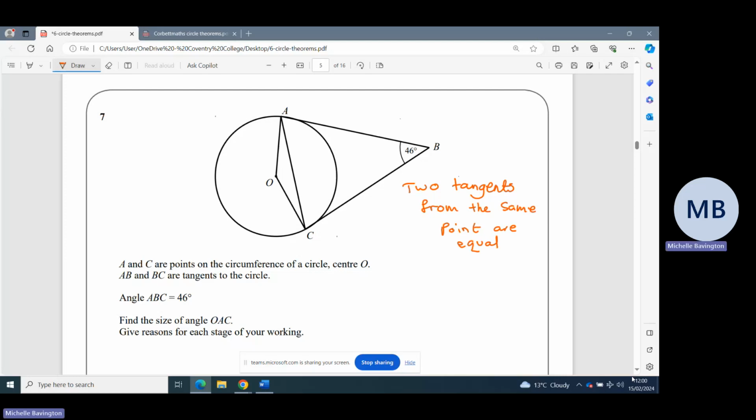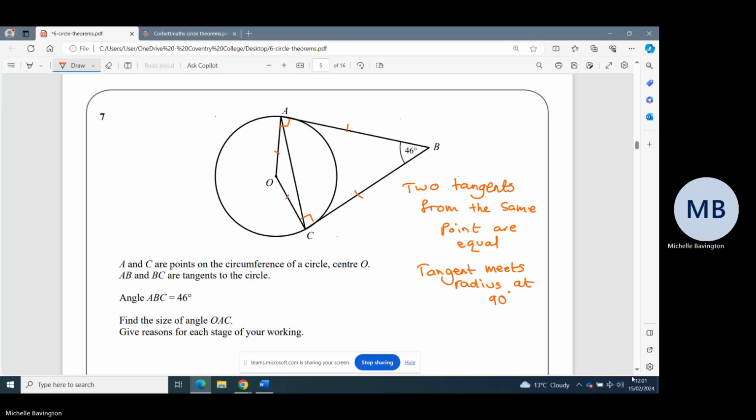So two tangents, so that's equal. And look at this, we've got two and they meet at 90. So we've got a few rules here. I'm going to write them down. Tangent meets radius at 90 degrees. Got isosceles triangle, right?